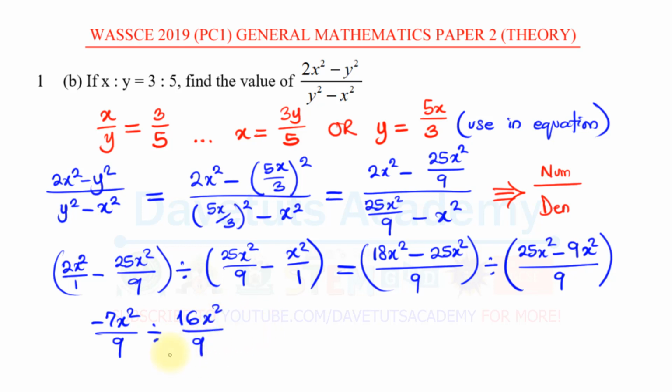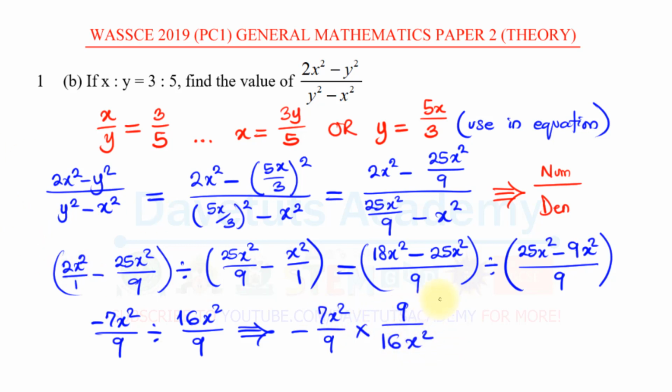Now, anytime we're having division like this, we know that we can rewrite the equation to be minus 7s squared over 9 times, and since we are changing the division to times, it will reverse the numerator and denominator. So 9 will come to the numerator and 16s squared will come to the denominator.